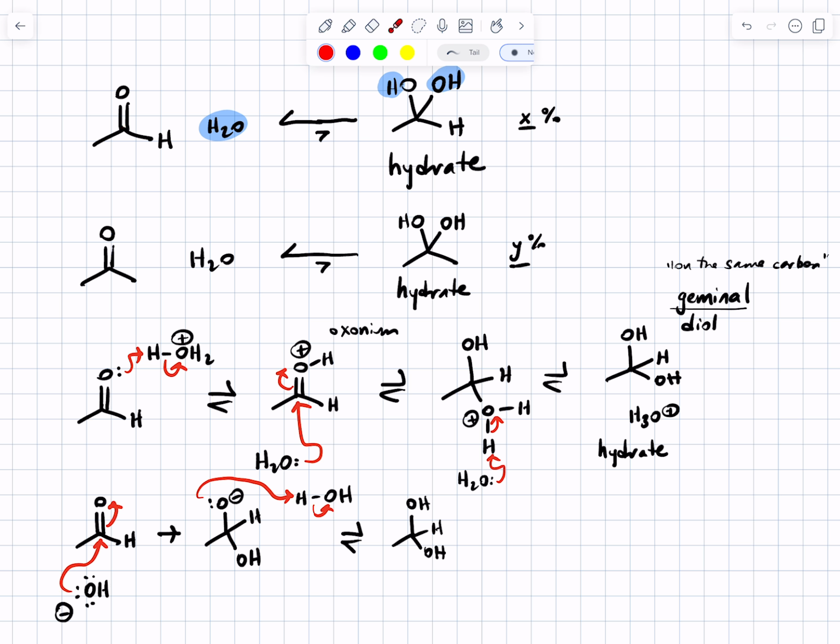So an aldehyde is more electron poor than a ketone for reasons we've already discussed, and therefore the percent hydrate formation for the aldehyde is greater than the percent hydrate formation for the ketone. So you may face, in end of chapter problems, or perhaps, it's possible that someone on an MCAT or a DAT might ask you which of these should have a larger formation of hydrate. And that's the same thing as asking which of these is the most reactive carbonyl compound.